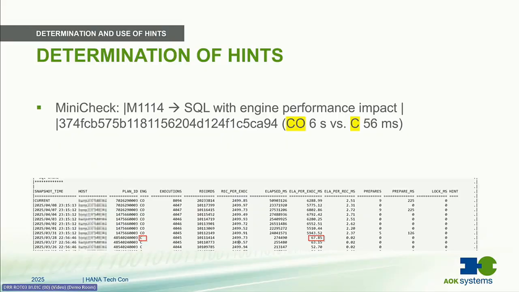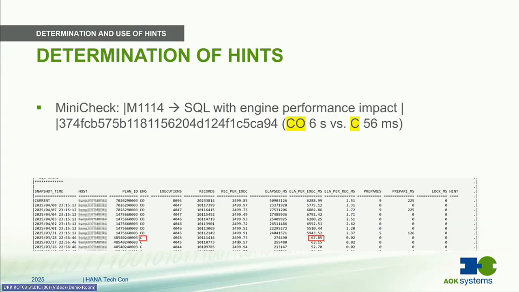For example, from mini checks, you see before and after. Before, the query optimizer decided to choose the column agent for the statement hash, because of a plan ID change on this day.